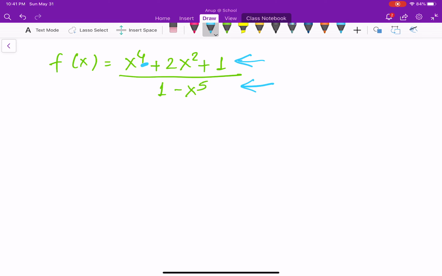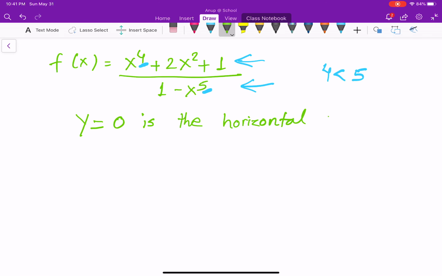The degree of the numerator is 4, and the degree of the denominator is 5. So 4 is less than 5. In that case, y equal to 0 is the horizontal asymptote. So if the degree of the numerator is less than the degree of the denominator, then y equal to 0 is the horizontal asymptote.